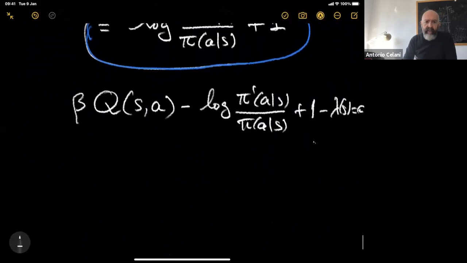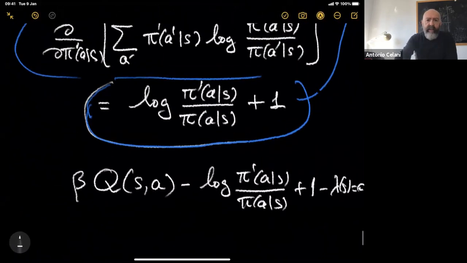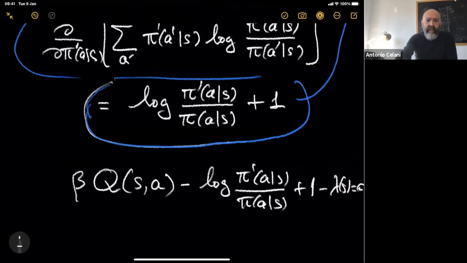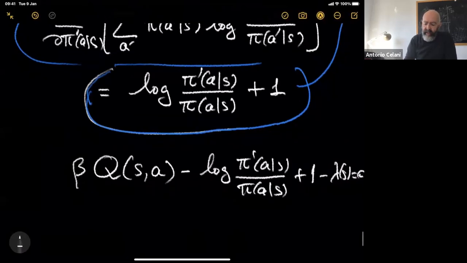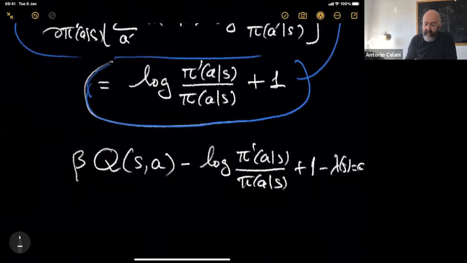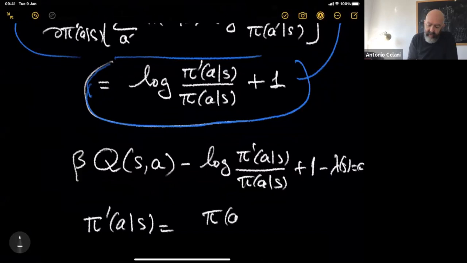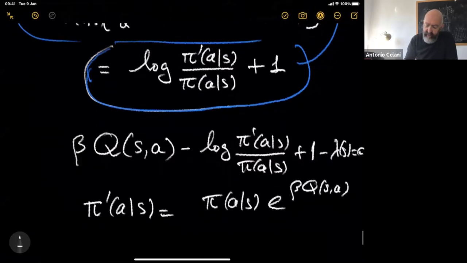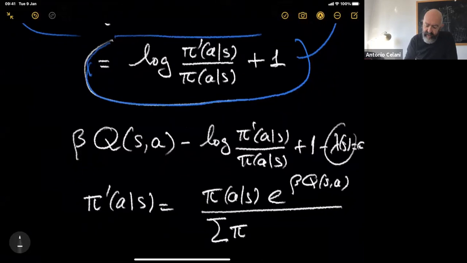And here is where the nice properties of the Kullback-Leibler divergence can be fully appreciated, because this allows me to write down explicitly pi prime as a function of pi a s, e to the beta Q s a. And then I can normalize. That's where my Lagrange multiplier comes into the game. I can normalize this.